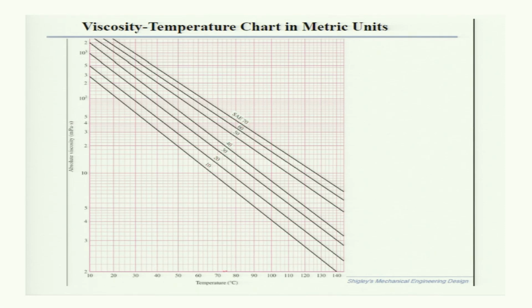So, corresponding to any temperature, let us take the temperature 70 degrees, the viscosity is lesser for SAE 10. And you need a viscous fluid in the clearance space. So, you may go for this 20, bigger value of viscosity, SAE 30 again bigger, for SAE 70 you have this.